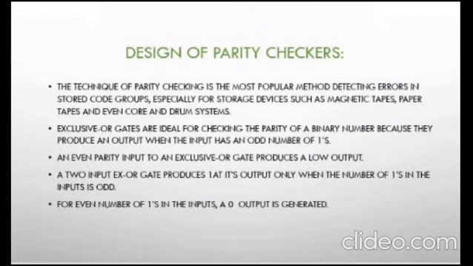An even parity input to an XOR gate produces a low output. A 2-input XOR gate produces 1 at its output only when the number of ones in the inputs is odd. For an even number of ones in the inputs, a 0 output is generated.